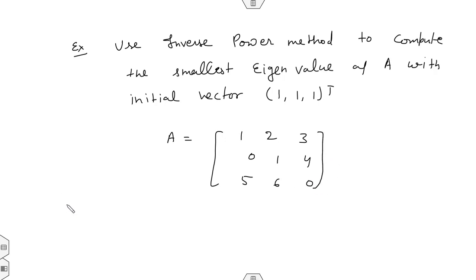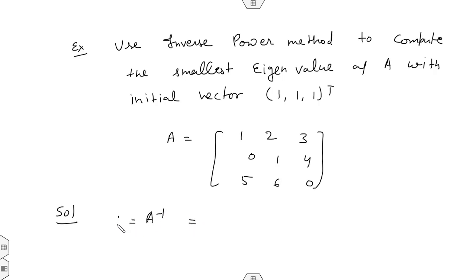By using the inverse power method, we compute the smallest eigenvalue of the matrix A. So here we will compute the largest eigenvalue of the matrix A inverse. So first compute A inverse.